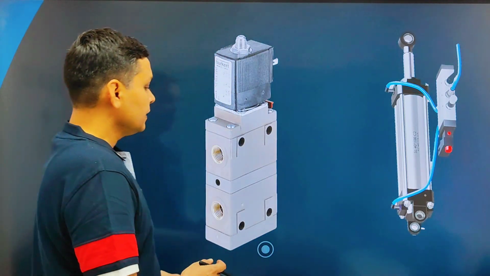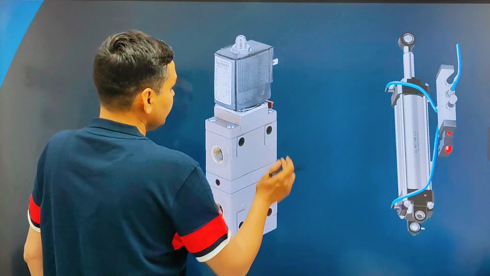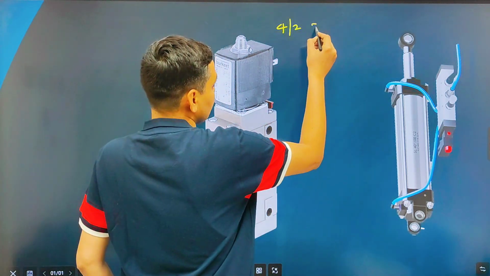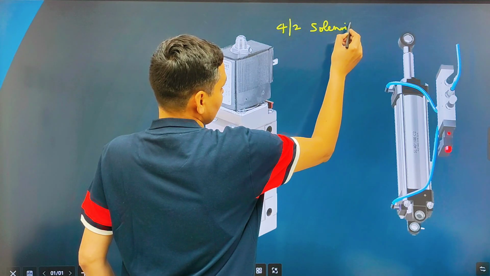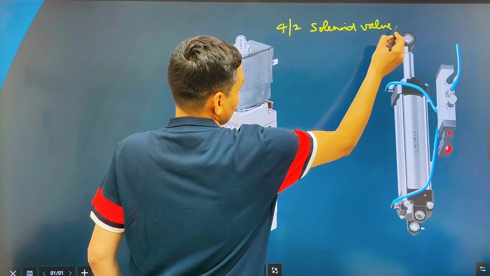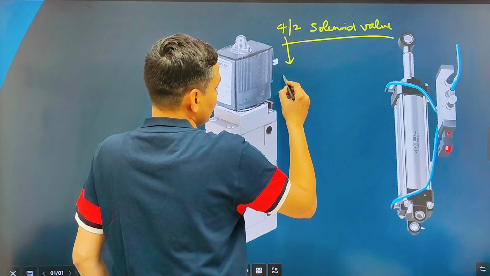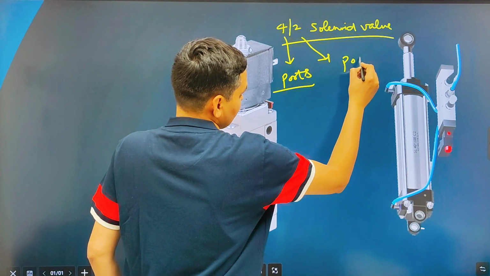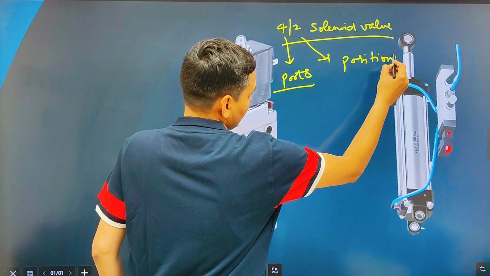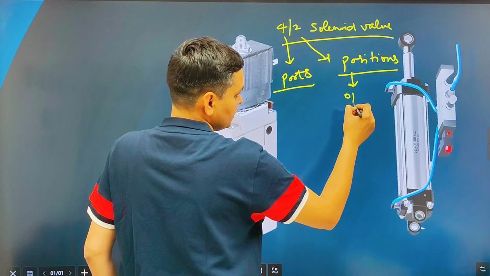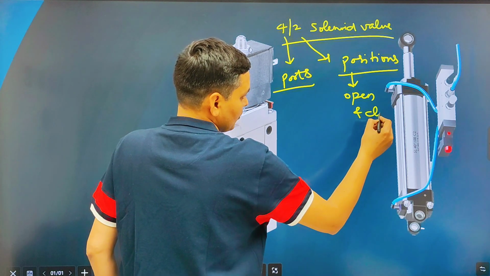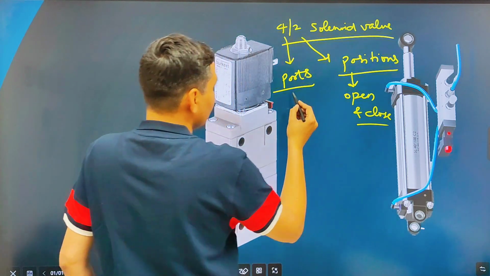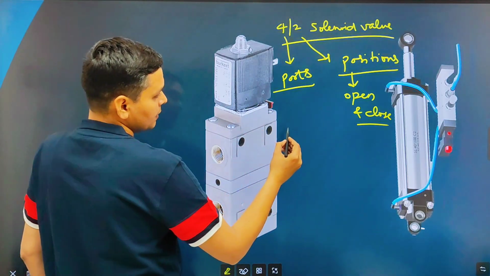Let's move further. The other one is the 4x2 solenoid valve. Here 4 ports are there and 2 positions are there. Positions are the same, open and close. Now what are the 4 ports?